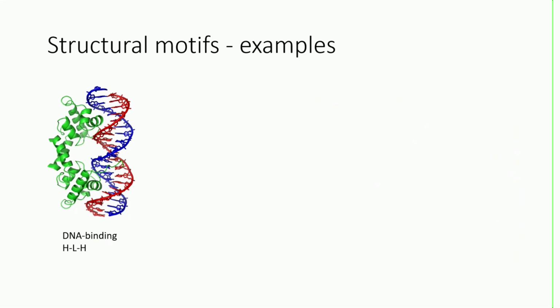Here is an example of a complex of protein with DNA, double helix. And you can observe in the structure of the protein depicted in green the helix, loops, and helix continuing in the protein sequence.